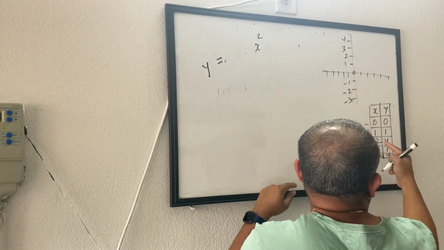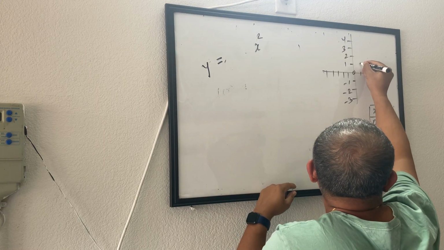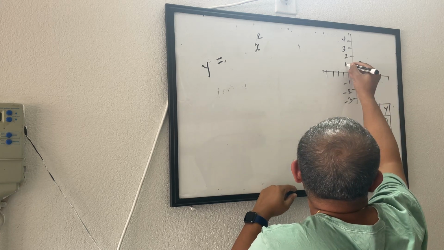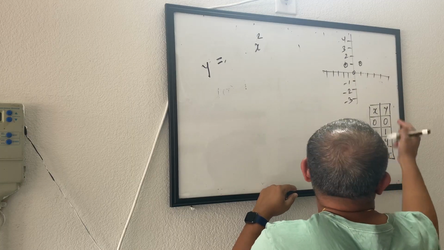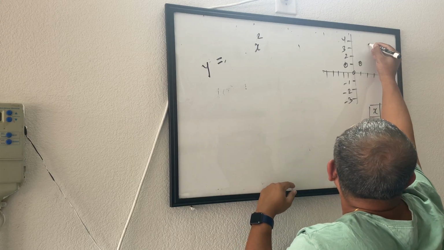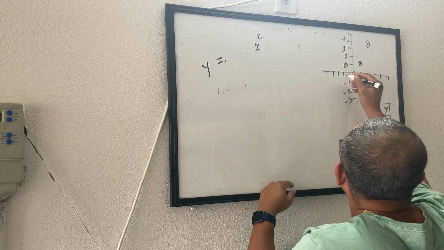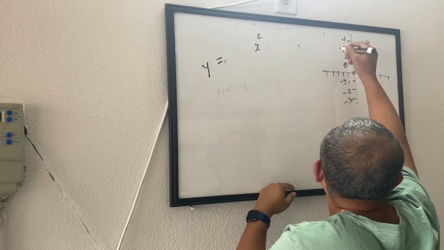When x is 1, y is 1. And we saw when x is minus 1, then also y is 1. So we are talking about this point. When x is 2, y is 4, we are talking about this point. When x is minus 2, y is 4.